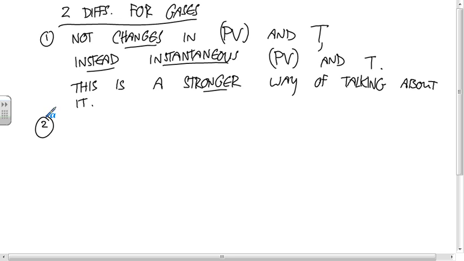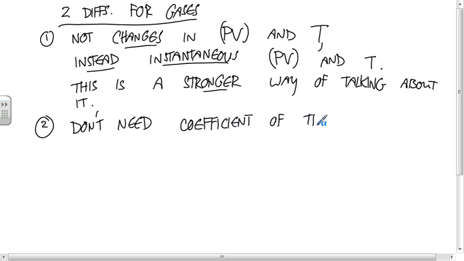And then second, we're not going to need a coefficient of thermal expansion for each type of gas.